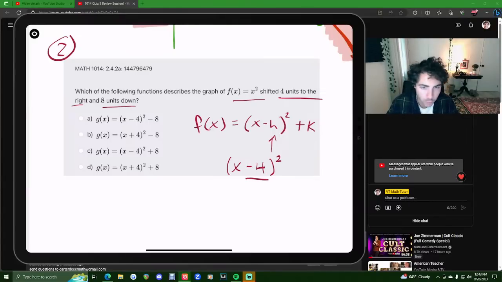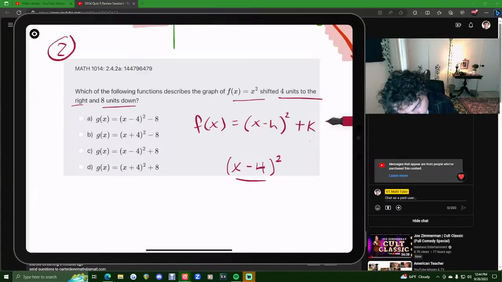And roughly a reason that is the case is because when we plug 4 in place of x, we get 4 minus 4, which is 0. And so it's like we're always shifting in the direction of the x value that makes the parentheses equal to 0, roughly. So anyway, x minus 4 is to the right. Had it been x plus 4, that would be 4 units to the left. Okay, so this is our horizontal change, h.